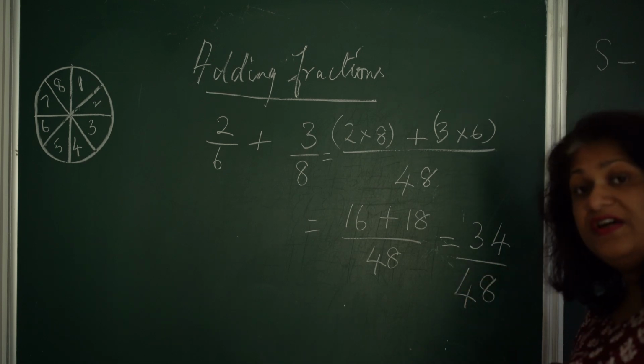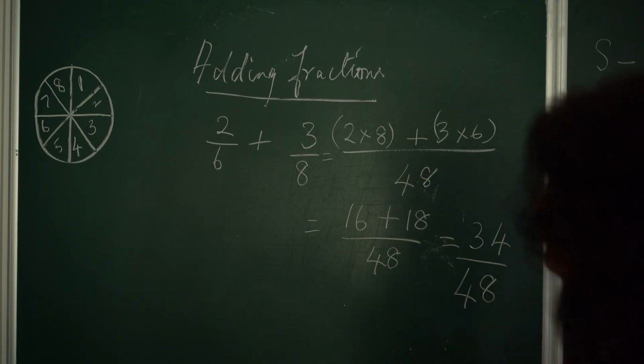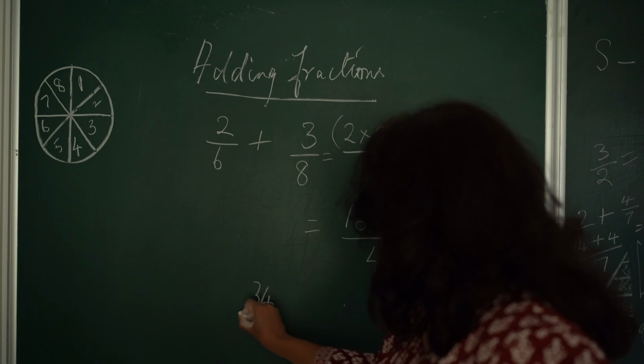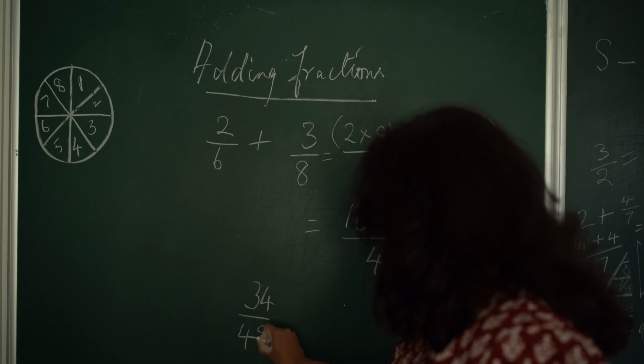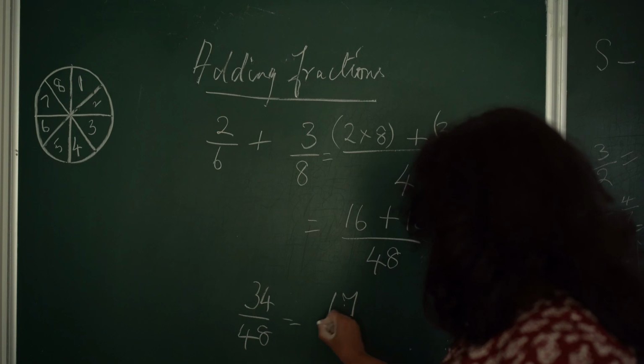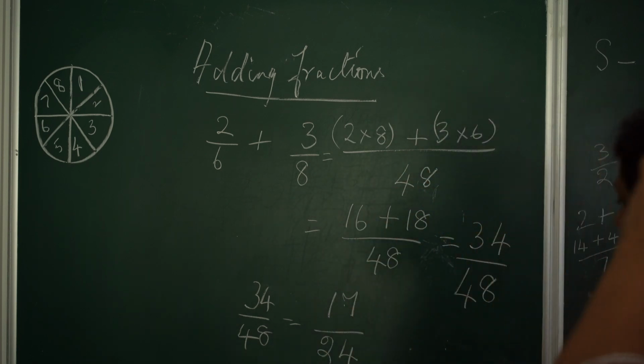Can I reduce it further? Absolutely, because they're all even numbers, right? So 34 divided by 48 will give me 17 by 24, right?